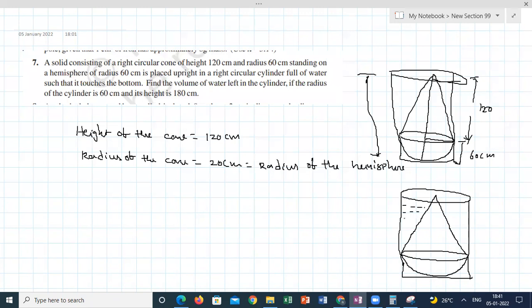Wherever the gap is there, the water is remaining, and the rest of the water came out of the cylindrical vessel because of the cone shaped part.